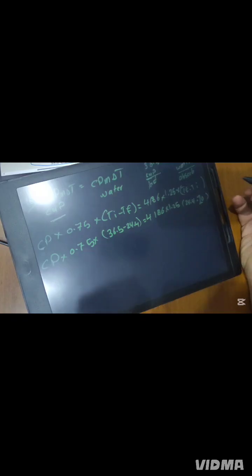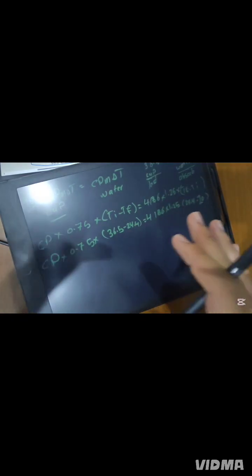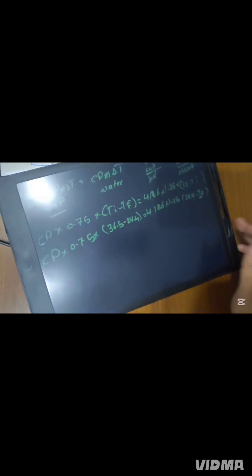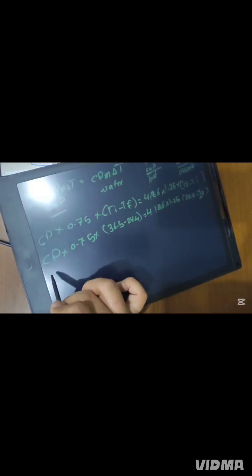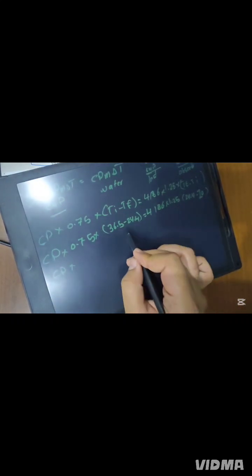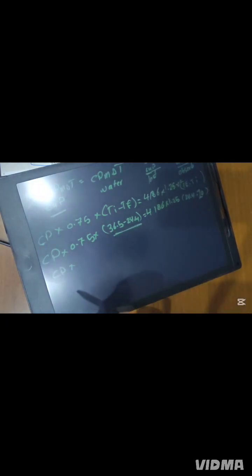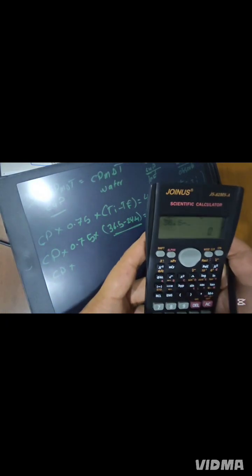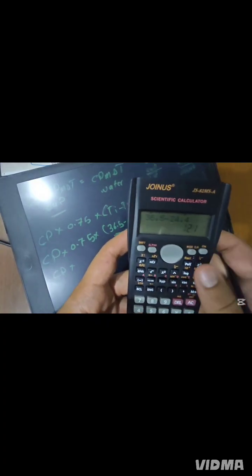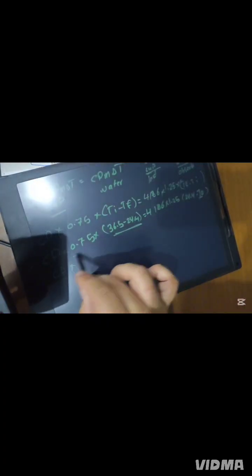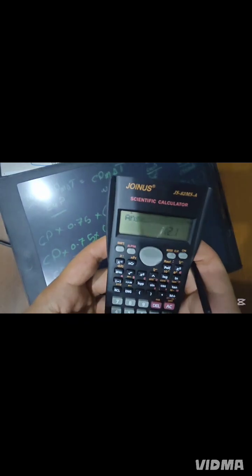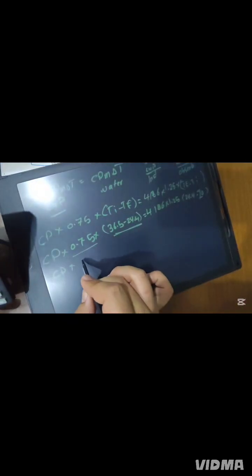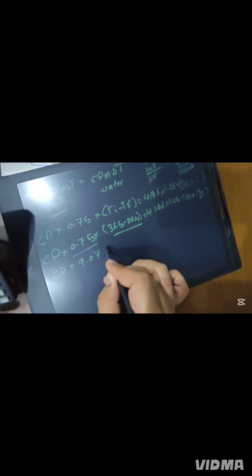Finished. We are done putting all of the numbers in each place. Now we have to rearrange the equation. First, bring down the Cp times 36.5 minus 24.4. 36.5 minus 24.4 equals 12.1, and 12.1 multiplied by 0.75 gives the answer 9.075.